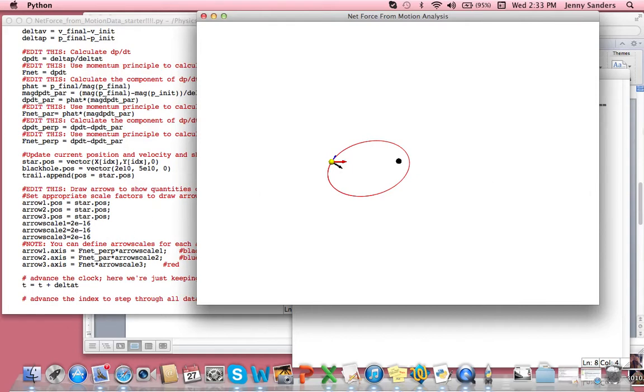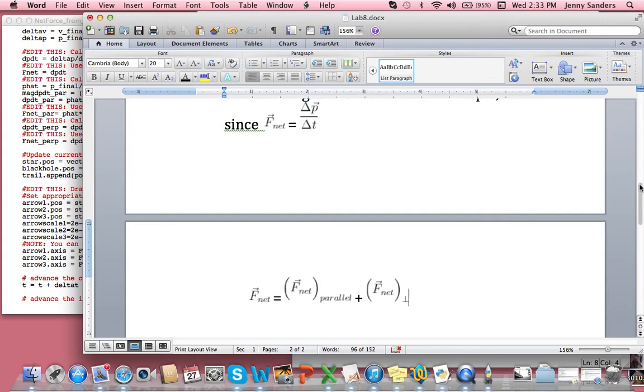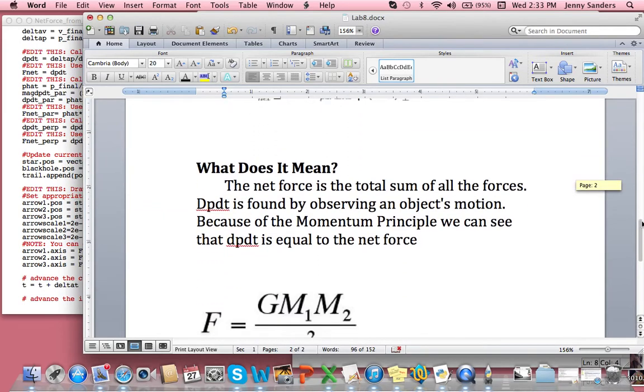For my what does it mean question, it says what are the similarities and differences between F net and dP dt demonstrated by the arrows. So in our arrows, we set the arrows equal to F net parallel, perpendicular, and F net. The net force is the total sum of all of the forces, so we know that.